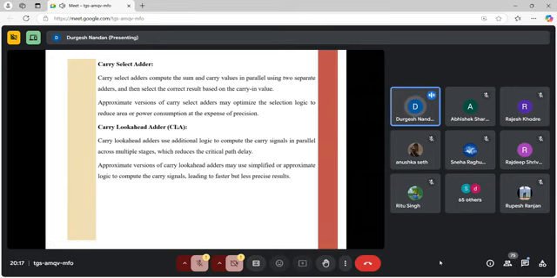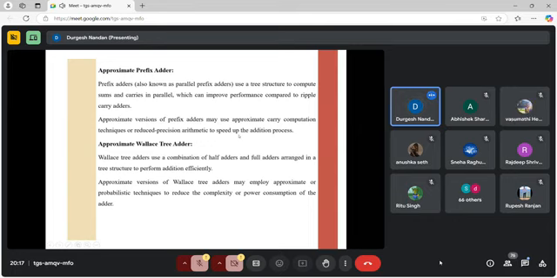The approximate version of the carry select adder may optimize the selection logic to reduce area or power consumption at the expense of precision. Another one is the carry look ahead adder. In the carry look ahead adder, we use simplified or approximate logic to compute the carry signal, leading to faster but less precise results.